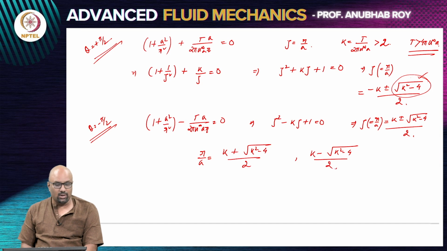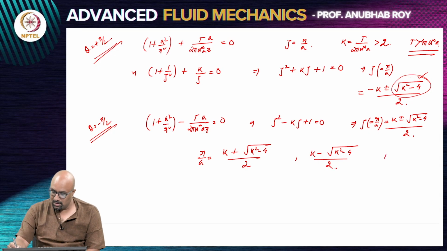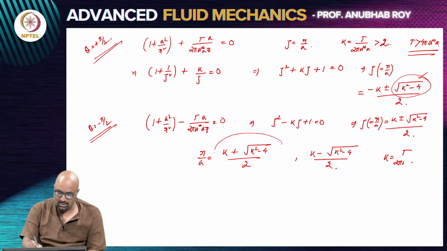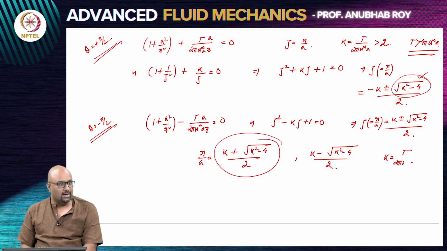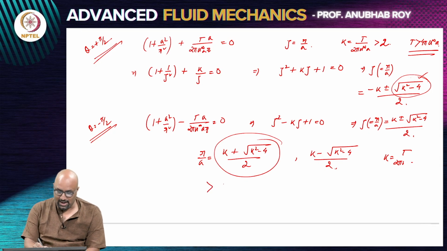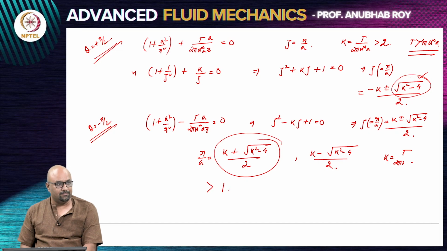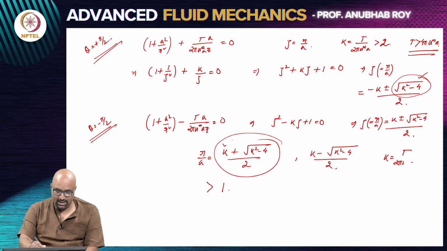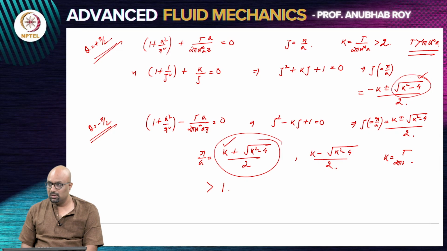Now, k you know is something that is larger than 2, k is gamma by 2 pi u infinity a, which means this quantity, the first root, is actually greater than a. This number is actually larger than 1, because k is greater than 2, which means k plus some positive number by 2 is going to be greater than 1, and this number is going to be lesser than 1.